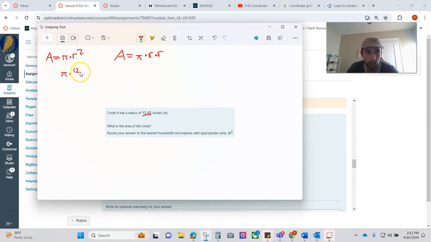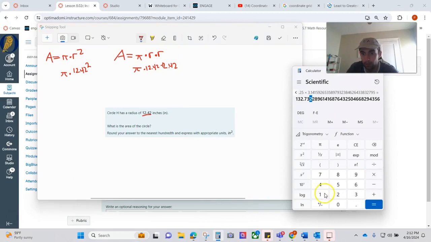Pi times 12.42 squared, or rewriting it in a more expanded way, pi times 12.42 times 12.42.